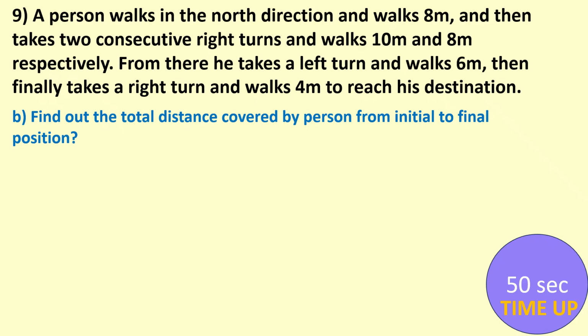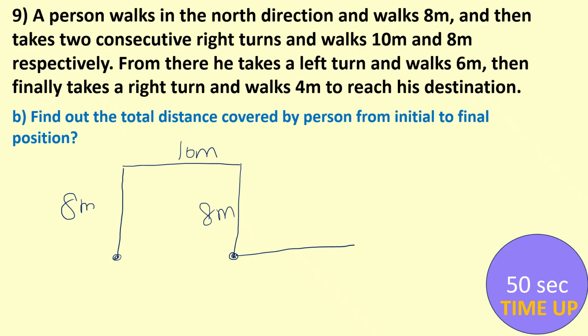Again, I'll draw the diagram here. This is 8 meter. Then this is 10 meter. Then again you have 8 meter. Then this will be 6 meter. And finally you have 4 meter. So this was the diagram.